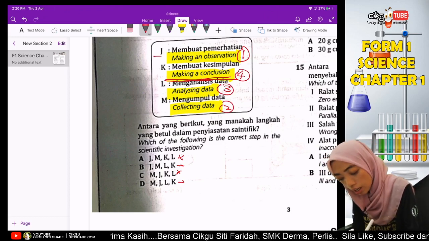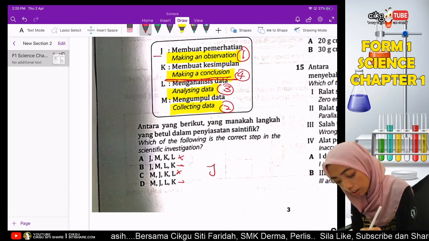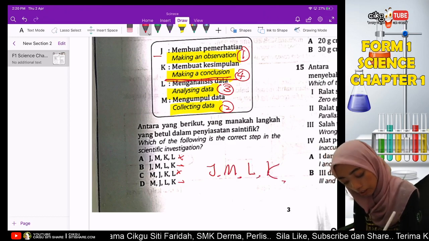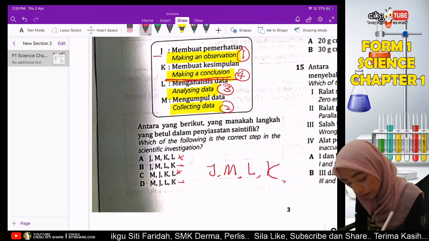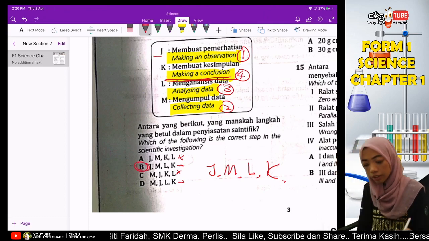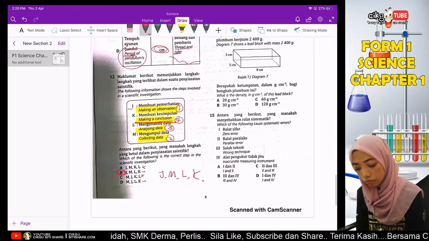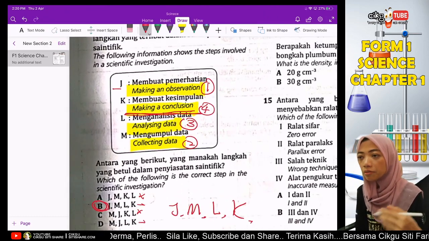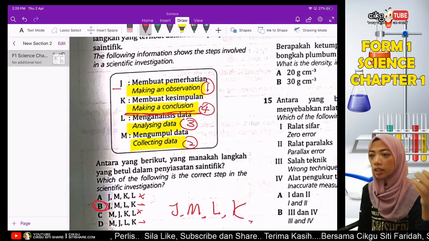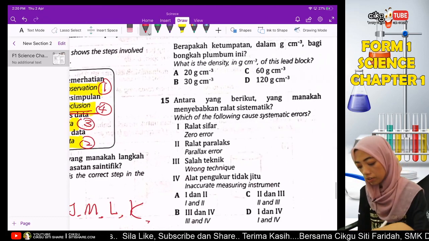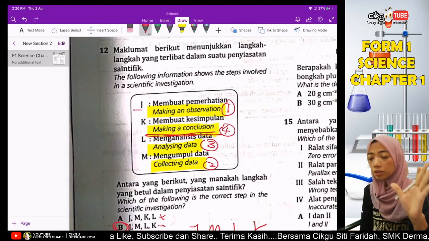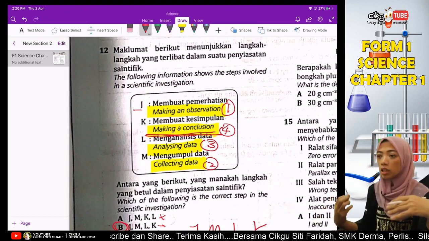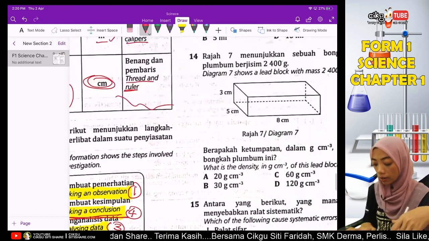So J, M, L and K is B. Remember, we must collect data first and then analyze, and then make a conclusion. So making an observation is the first one. We observe what is the issue, what is the problem that we need to investigate.